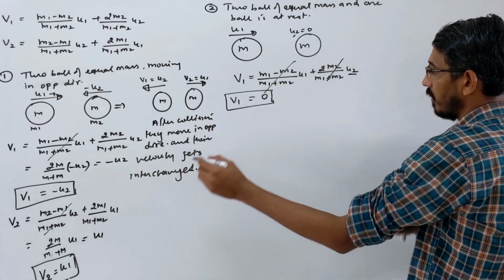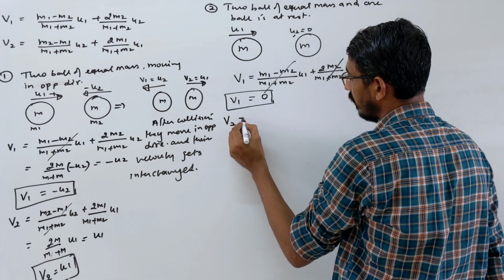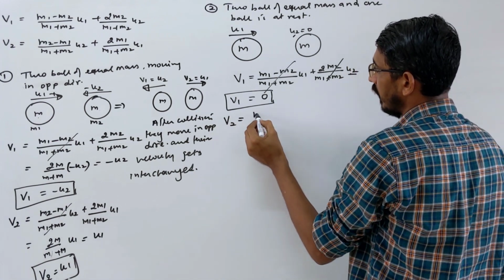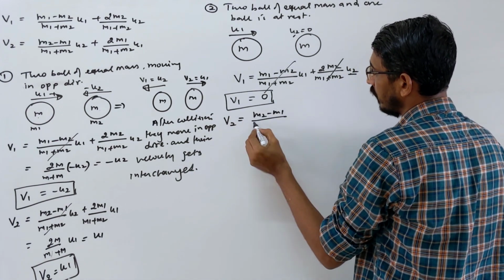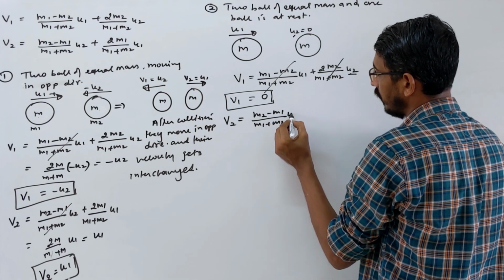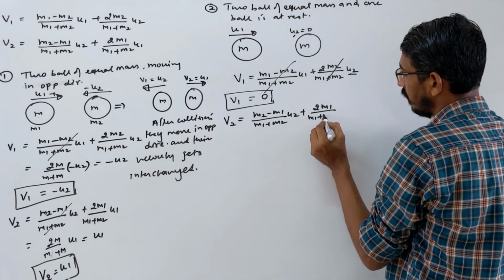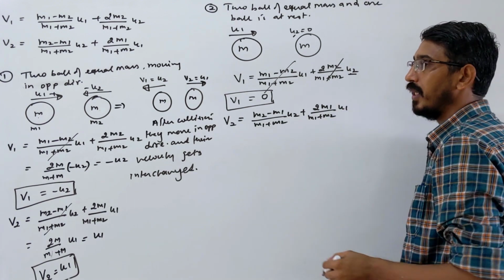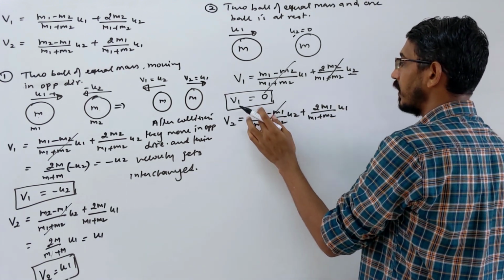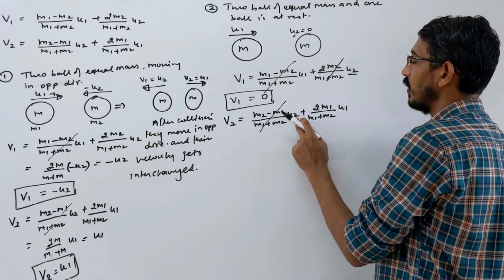Let's check v2. The formula is m2 minus m1 upon m1 plus m2 into u2, plus 2 times m1 upon m1 plus m2 into u1. Here again this term is 0, because m2 minus m1 is 0, or you can say u2 is also 0.